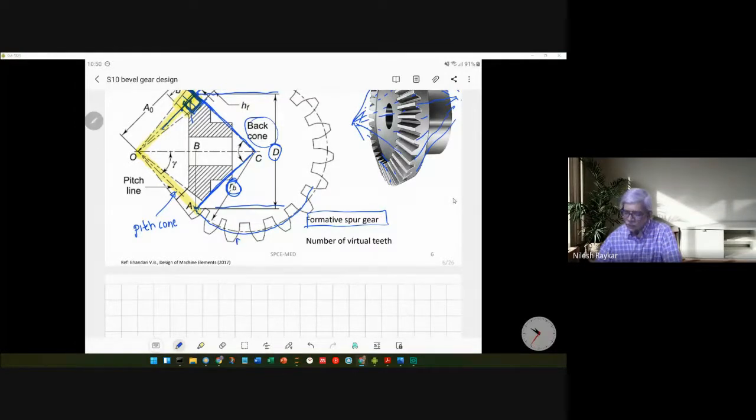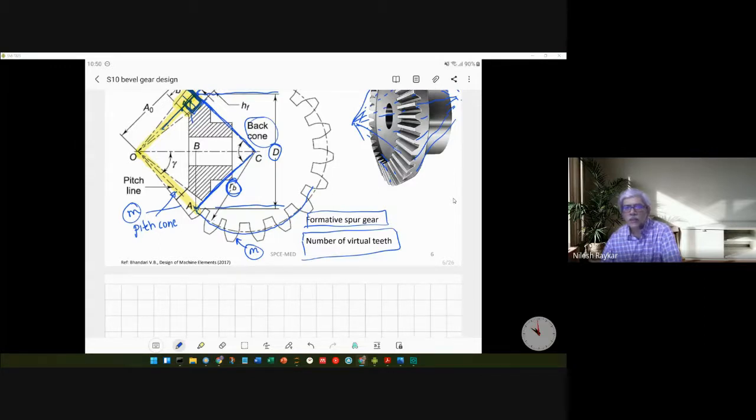So this particular formative gear will have the same module as that of the original bevel gear. As a result, since we are maintaining the module the same, the number of teeth on this virtual gear would be different. So let's establish the relation between the number of teeth on the virtual gear versus the number of teeth on the actual gear.